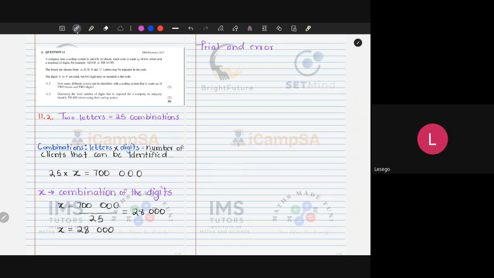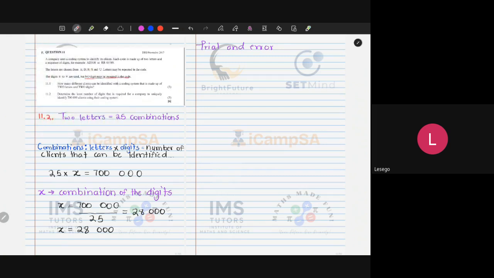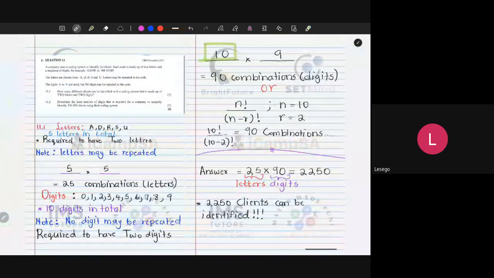Remember that X will be the combination of the digits. And remember, guys, very importantly, they said no digit may be repeated. So we must note that no digit can be repeated. So what I'm going to do is, we know that two digits, as we did here, give us 90. So two digits, we know they are not going to be enough, isn't it?